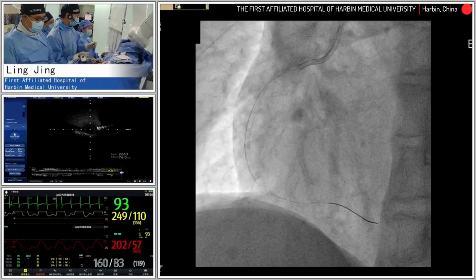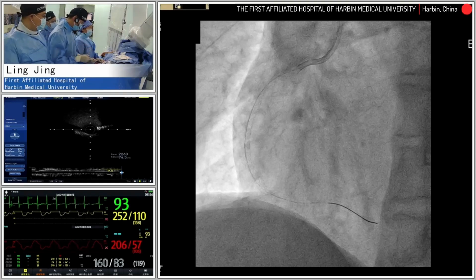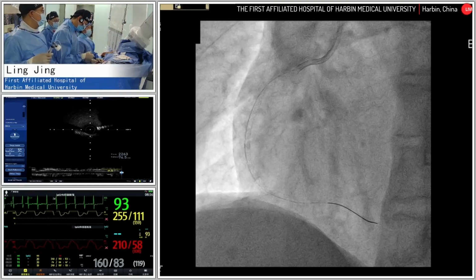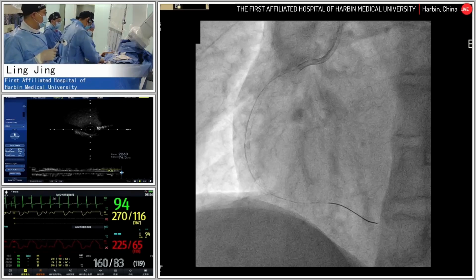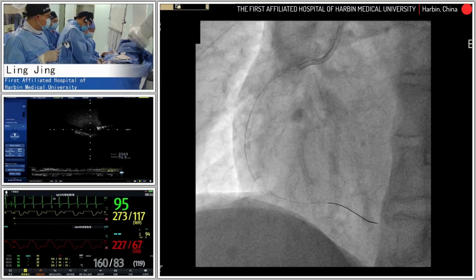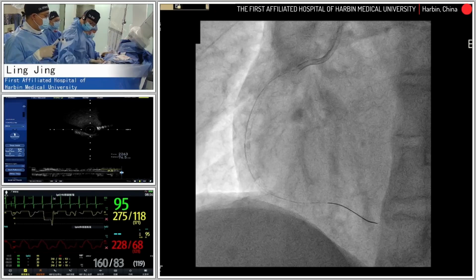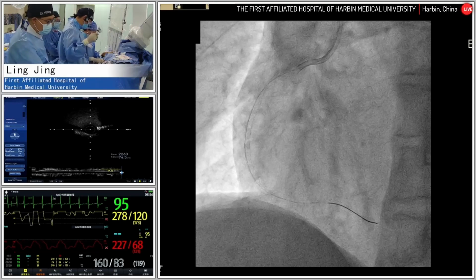It has several designs in clinical application. For example, we have the 1.7 French microcatheter, the 1.9 French microcatheter, and also the tapered design like the Corsair with a 2.6 French microcatheter. So we have some very good microcatheters made in China.